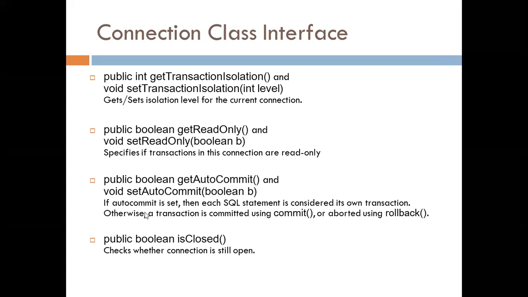Those things we can set as a security measure. Then auto commit: auto commit means after each and every command we execute, the database gets committed. Committed means a state is created, a restoration point, so that if anything goes wrong we can abort the transaction and roll back.